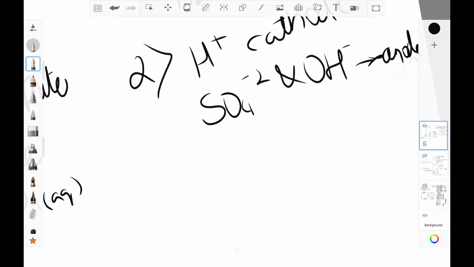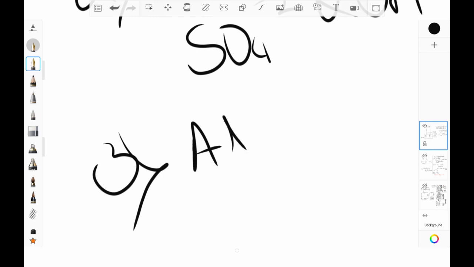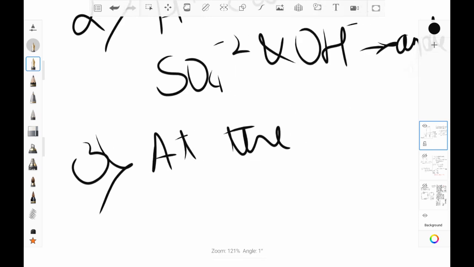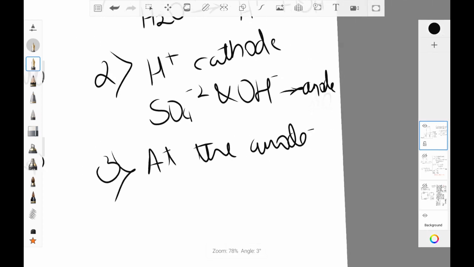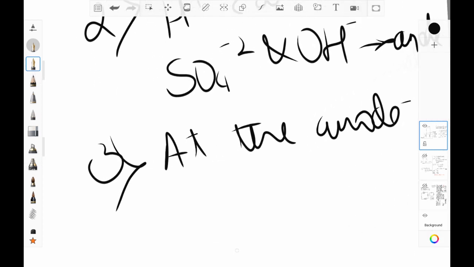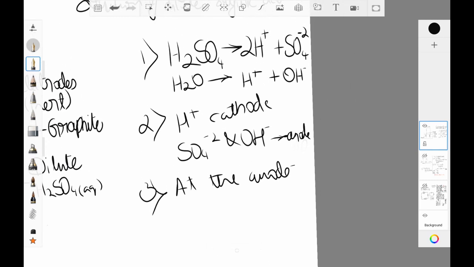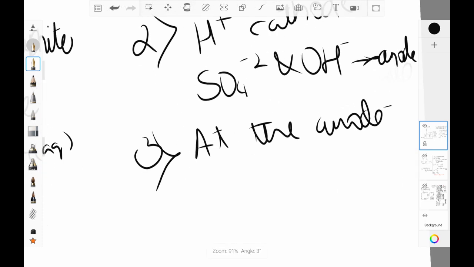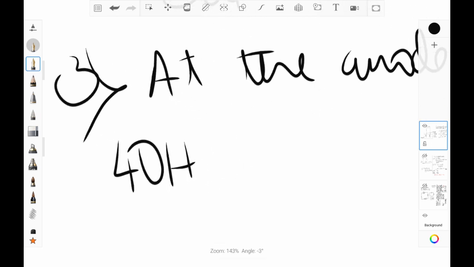So let's do the discharge. Let's get the anode out of the way. At the anode, your first question here is: is the solution a halide? In this case, it's not a halide. So automatically, the hydroxide ion will discharge. And remember, the discharge for a hydroxide ion has a standard formula.